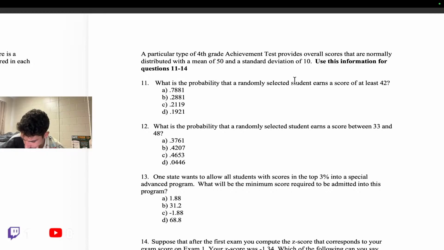Multiply that, negative 18.8 equals x minus 50. Then negative 18.8 plus 50 is 31.2. So our answer is B for number 13.